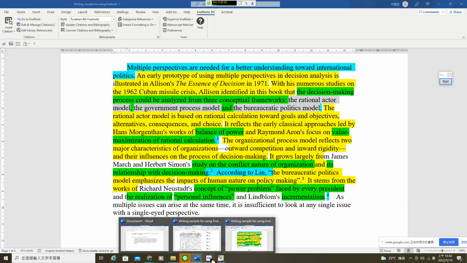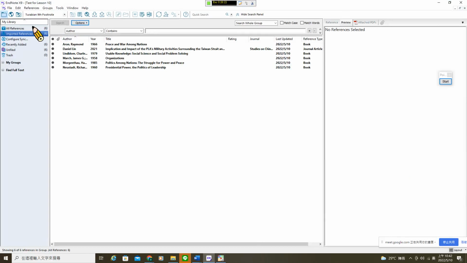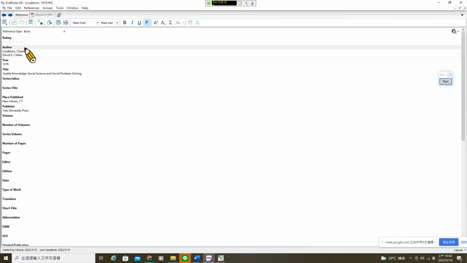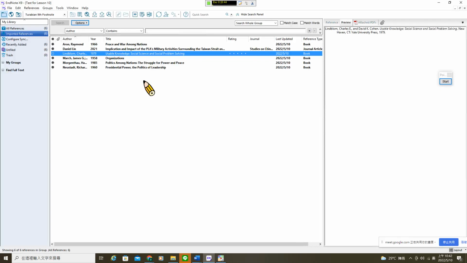Then I will go to the library to see. See, this is the test for lesson 10. And all the bibliographic information is imported here. For example, this is the library, and this is reference information. Okay, and how are you going to use it?